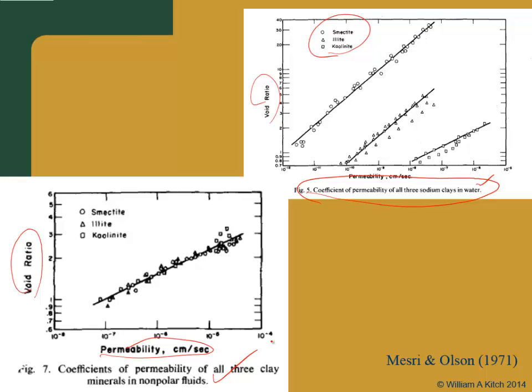Because we have a non-polar fluid, we've eliminated the double layer water issue because we're permeating these things with carbon tetrachloride or another non-polar fluid. So we don't have the adsorption of the fluid on the clay surfaces. And so now the hydraulic conductivity is simply a function of the structure of the clay and the porosity of the clay. And notice that their hydraulic conductivity is a function of void ratio. They all collapse on top of each other.